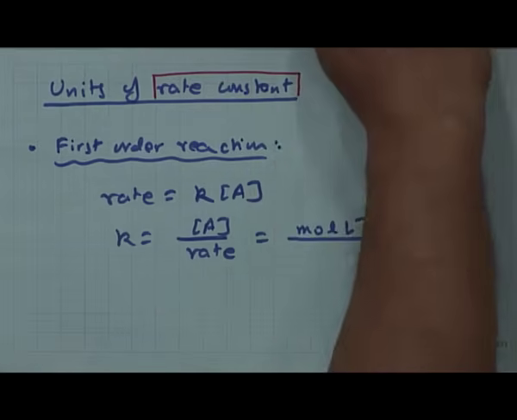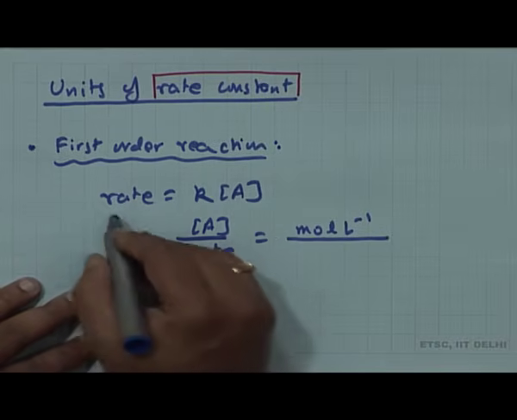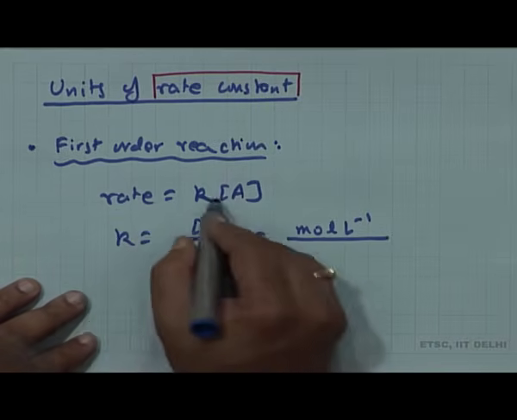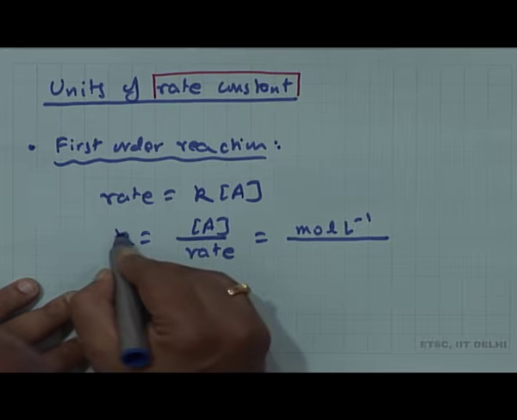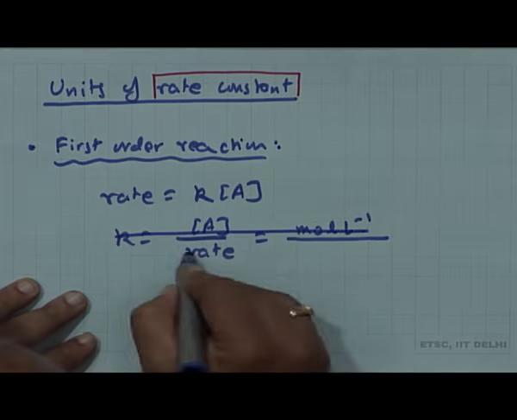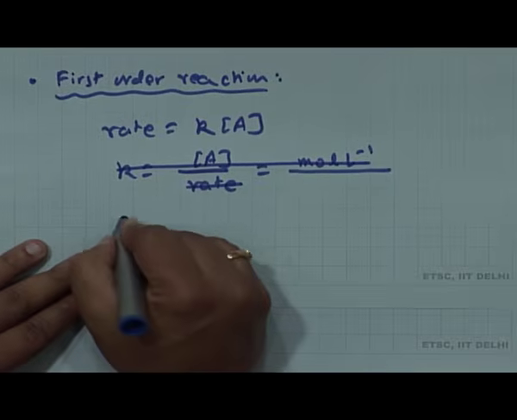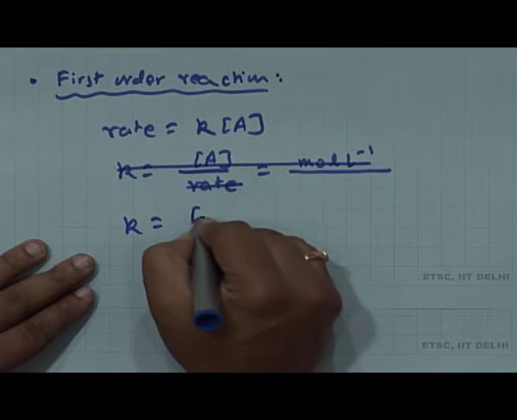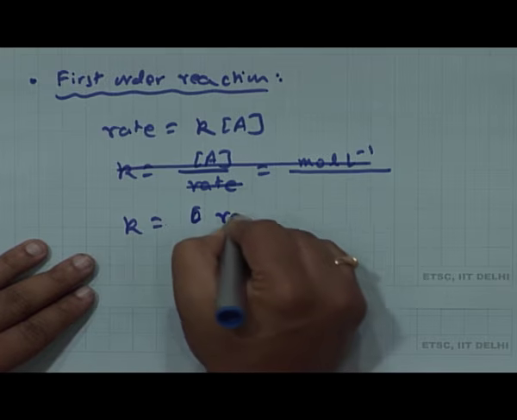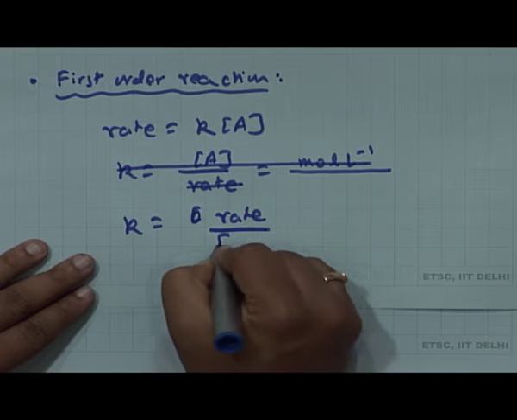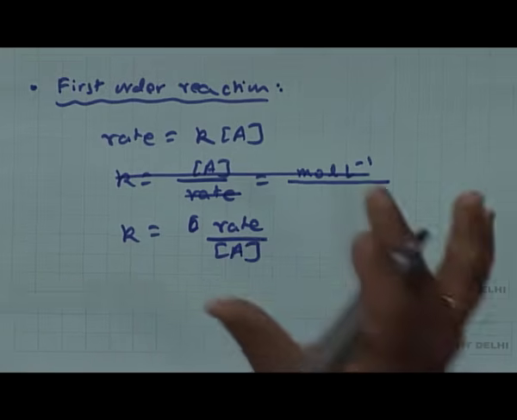So, just hold on. Let me cut this. So, this remains the same, I wrote this one wrongly. So, what I should write is, extremely sorry, K is equal to rate over A, okay, extremely sorry for that.